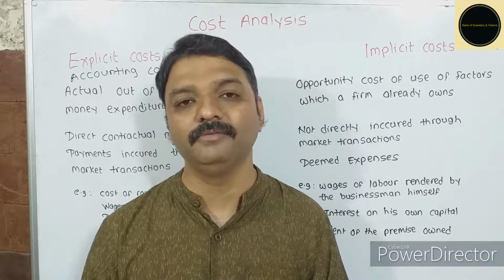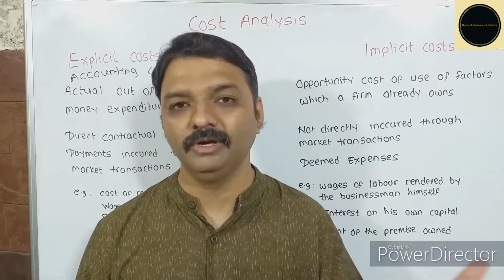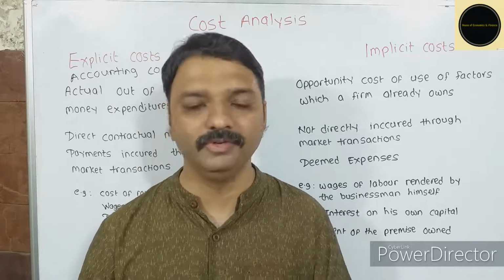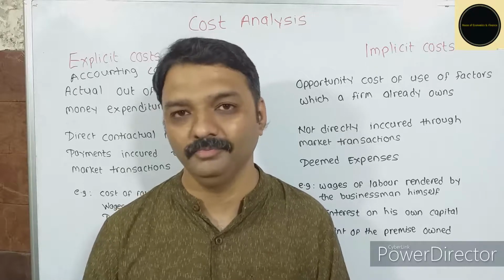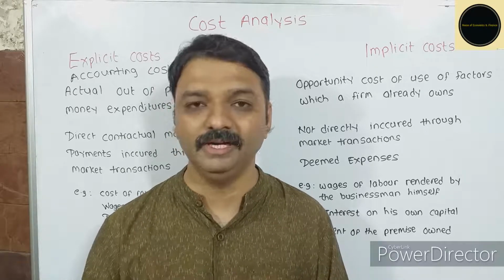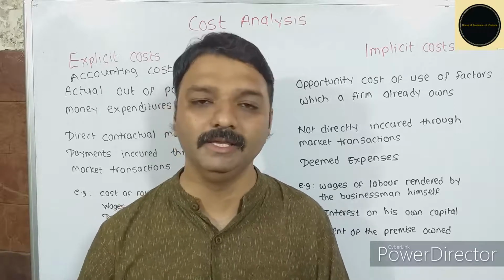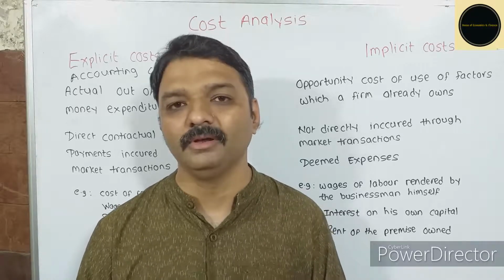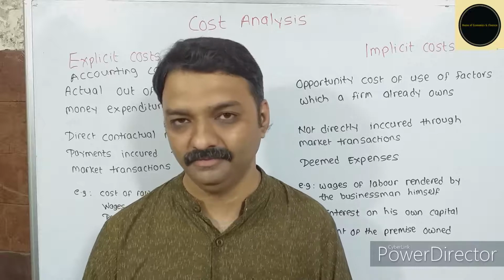If he would have lent that money to somebody else, he would have earned interest on that. Is he earning that interest now when he is using that capital in the production process? No. So there is a cost that is incurred on the factors which are owned by him. This is nothing but the remuneration of the factors that are owned by the entrepreneur himself.